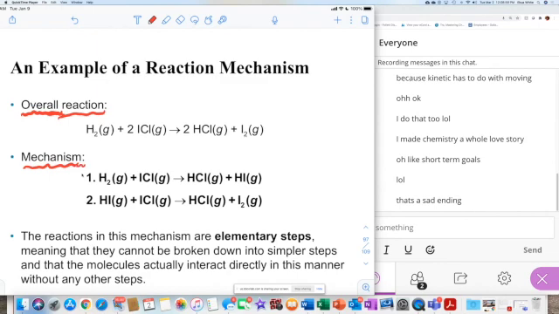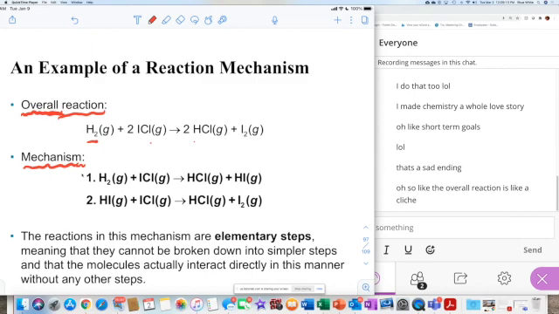So when you're given the bottom line, that's the overall reaction. Our overall reaction shows us that H2 reacts with 2ICl to form 2HCl and I2. But the reaction mechanism actually shows us that this is happening via two steps. It's like somebody giving you an oversimplified version of what happens.